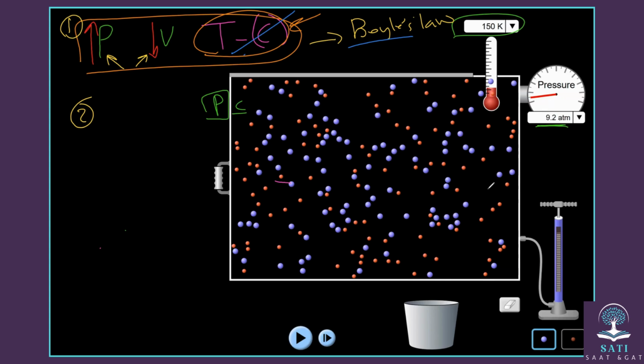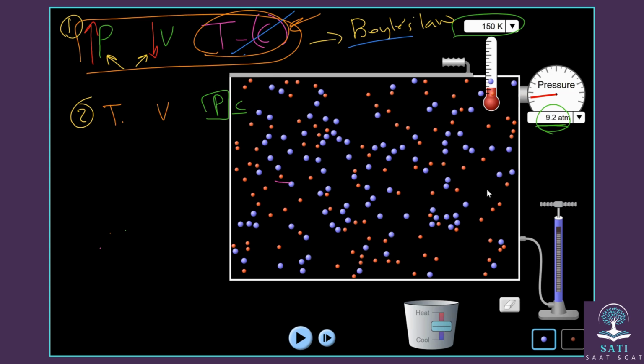Now we are studying the relationship between temperature and volume. What is the relationship between them here? We're going to keep the pressure constant at this point, which is 9.2 atmospheric pressure.